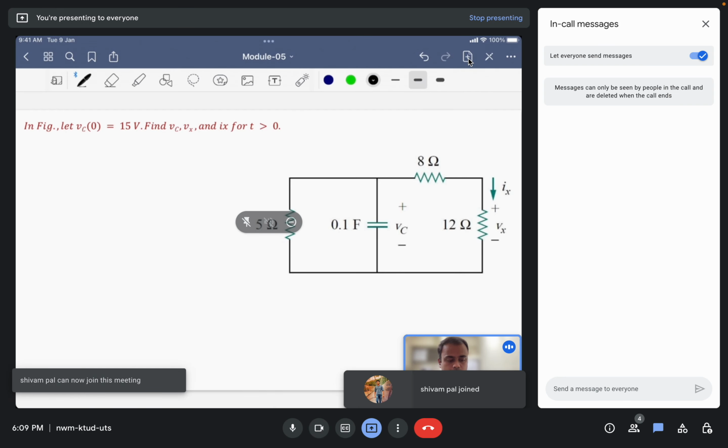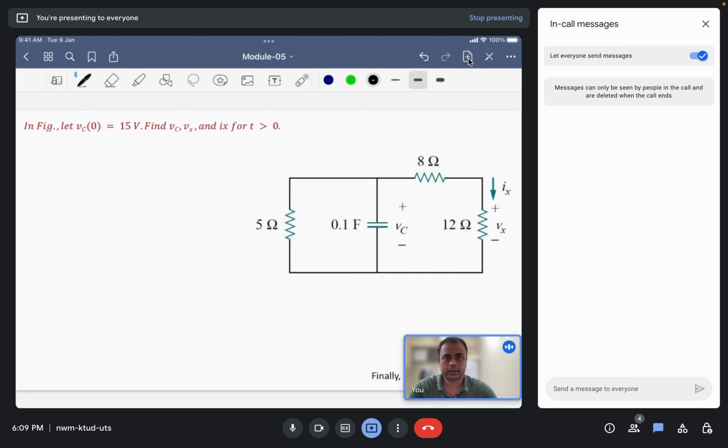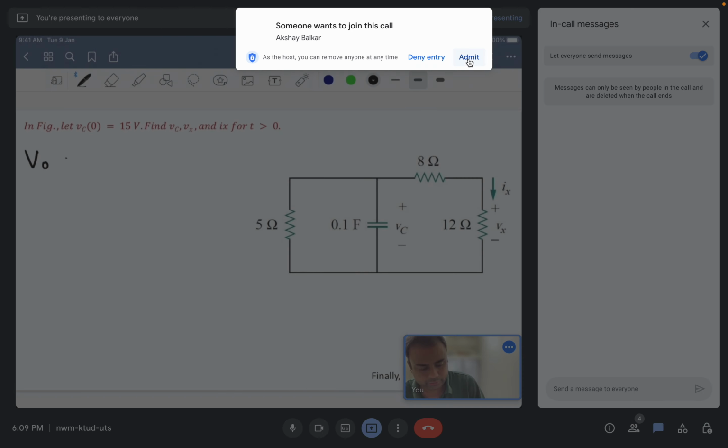And also in the question we have to calculate Vx and Ix, that is the current flowing through the 12 ohm resistance and the voltage drop across the 12 ohm resistance. Since initially the capacitor is fully charged, V naught across the capacitor is given as 15 volts.